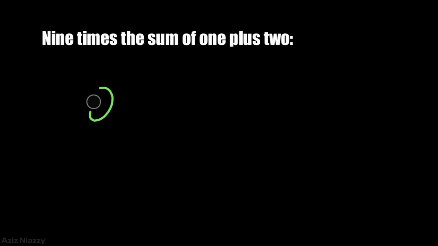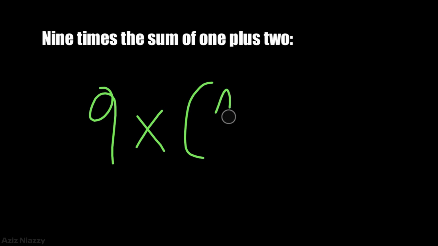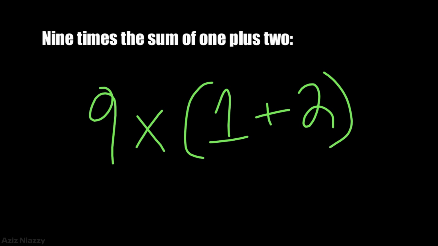9 times, so 9 times the sum of 1 plus 2. So we put parentheses around 1 plus 2. Now, most of you might be wondering why we put the parentheses around 1 plus 2.